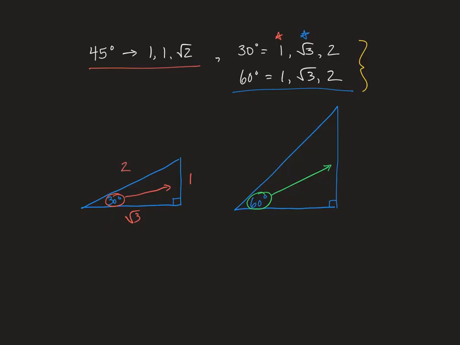Now I jump to the 60-degree triangle. 60 degrees is my biggest angle. That means it needs the biggest opposite side. And now I just fill in the rest. I know that 1 must be the other shorter side because 2 is the longest. We want to be able to label the sides of our special triangles pretty quickly. Now we're going to see where we start to use them.